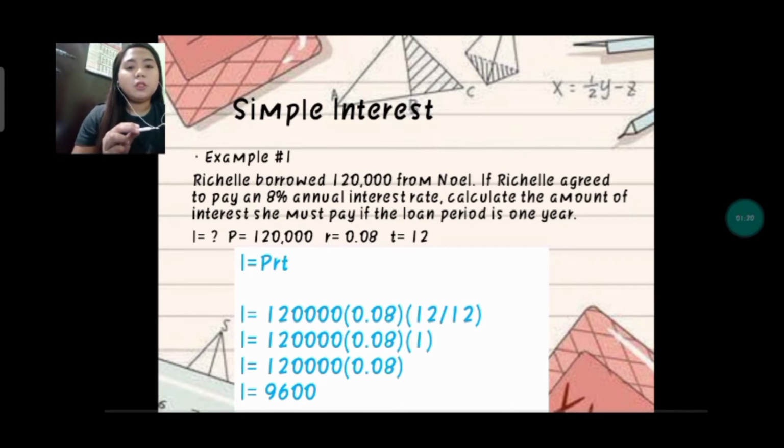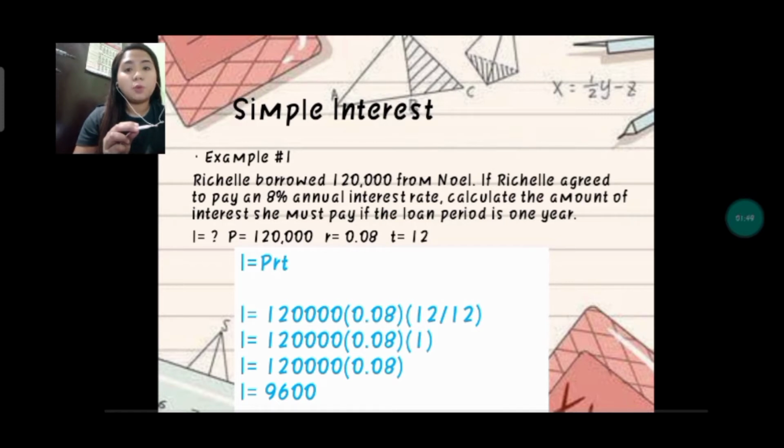We will just use I = P × R × T, where I is the unknown, the principal amount P is 120,000, and the rate is 8%. To get 0.08, just divide 8 by 100.